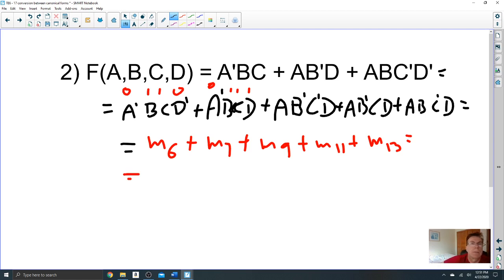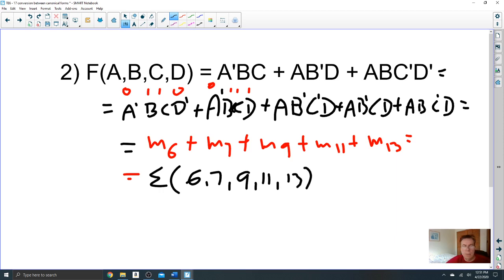Let's use the black one. So it's a sum of, let's order them numerically, 6, 7, 9, 11, 13. The problem is we have to find maxterms. If we find minterms, we automatically find maxterms.